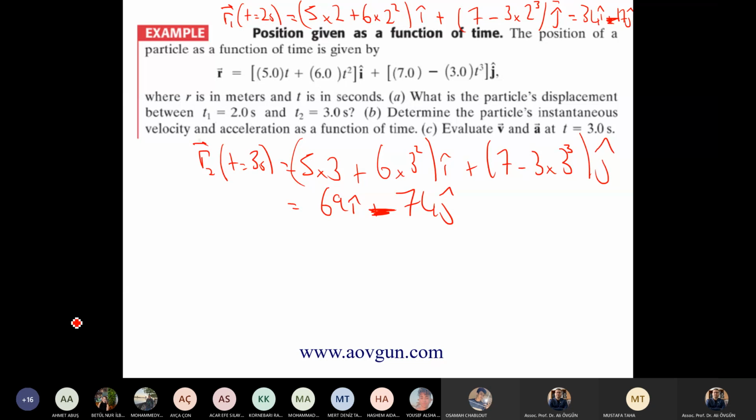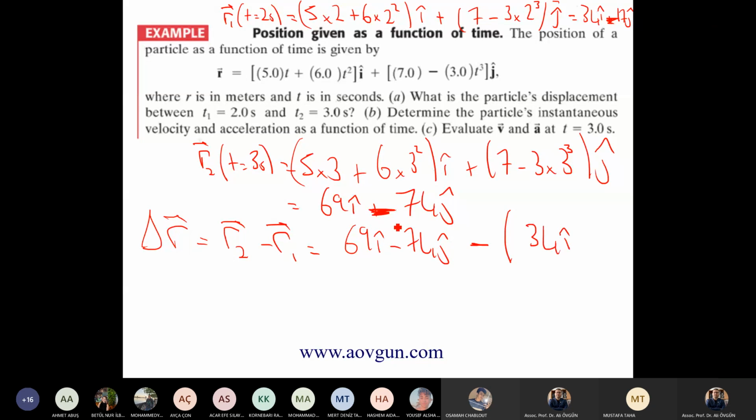You found them separately, but now you must find the displacement. Delta r equals final position minus initial. Final is t2, so r2 minus r1. So 69 i hat minus 74 j hat minus r1. Open parenthesis, 34 i hat minus 17 j.